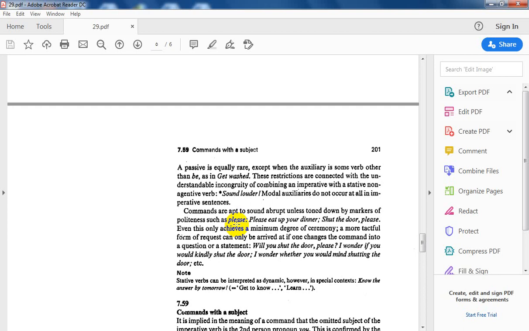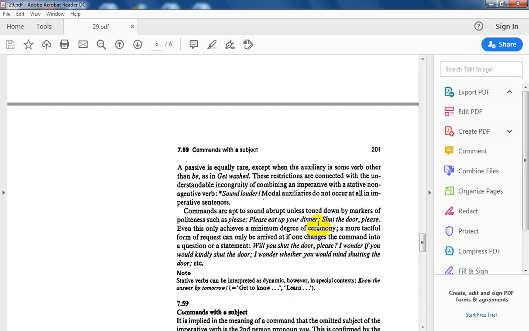But in order to tone it down, we have certain markers of politeness: "Please open your books. Please go and eat." If we say "shut the door" without please, you will understand that I'm very harsh, there is some sort of hard-heartedness.